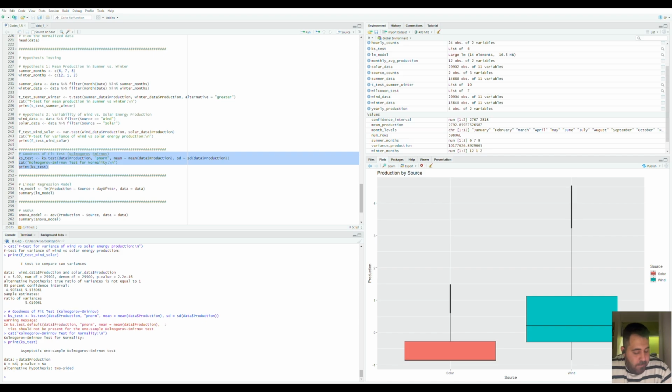But generally the KS test is a useful tool for assessing the normality of your data, I guess.